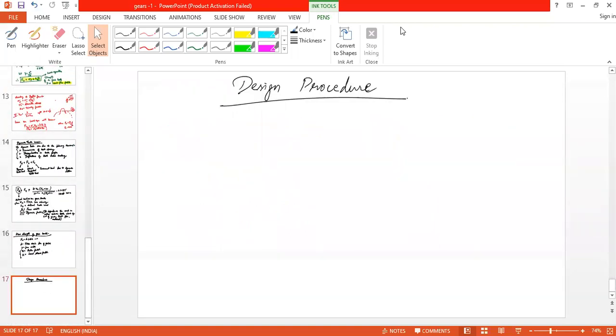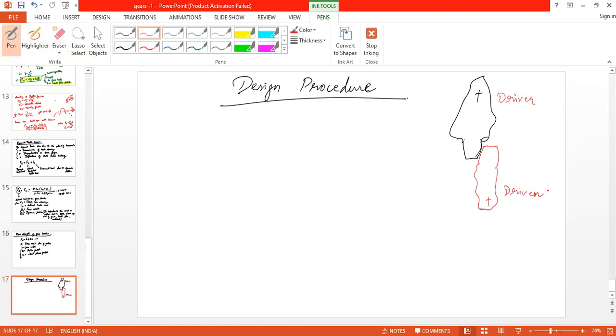So if you want to design a gear, you need at least two gear wheels, right? One is driver and one is driven. Let's say this is one gear, the driver, and this is the driven.